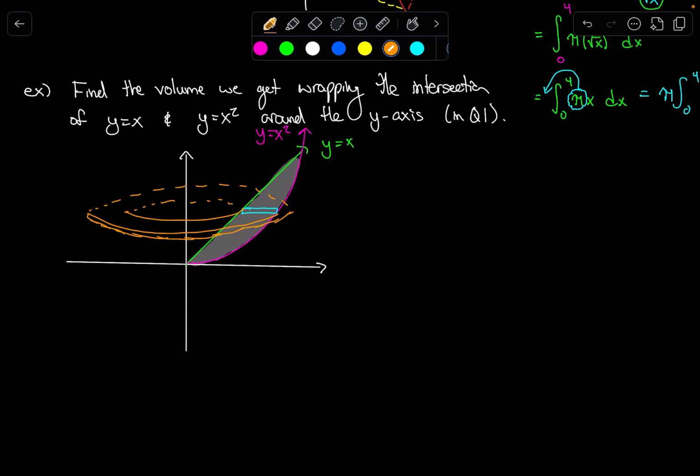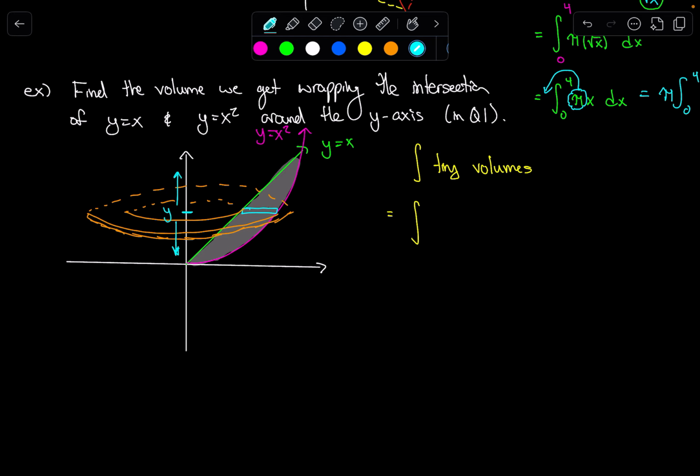Okay. And again, what are we going to need, right? We're going to be adding up all these tiny volumes. We're going to need some bounds. We're going to need some surface areas, whole bunch of stuff. So now, since we're talking about taking a horizontal strip at a random y value, that means we're going to be integrating in the direction of y.